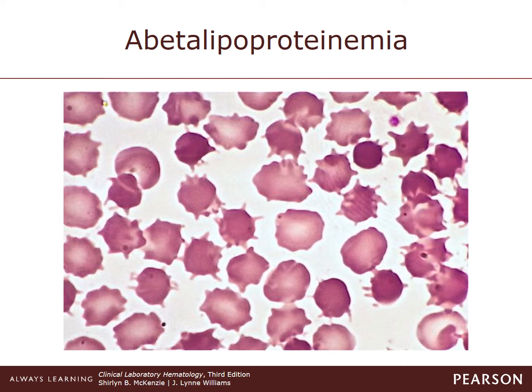It's rare, autosomal recessive, and usually caused by an absence of serum beta lipoprotein, which leads to low serum cholesterol, triglyceride, and phospholipid, which increases the cell's cholesterol to phospholipid ratio, usually from a defect in the synthesis of lipoprotein B. Now here you have minimal hemolysis, little to no anemia. You might have a normal to slight increase in your reticulocyte count.